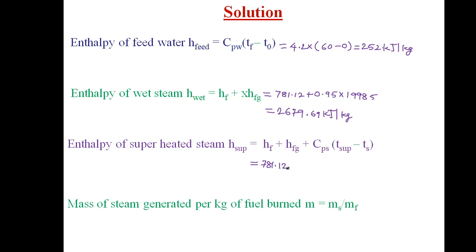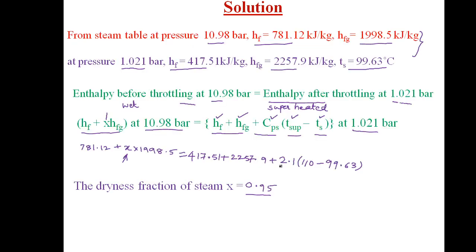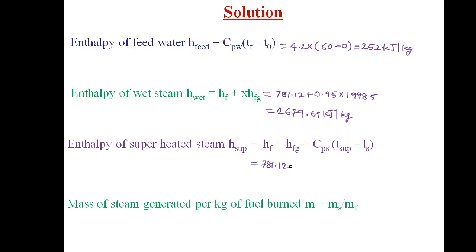So hf again here we can write as 781.12. The earlier enthalpy of superheated steam which we obtained is for the throttling calorimeter, and this is not for the throttling calorimeter.